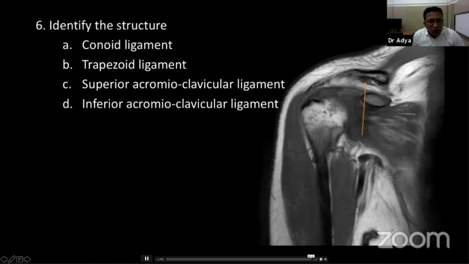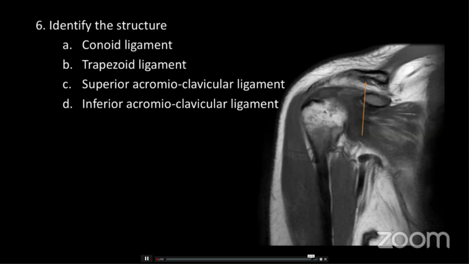Now, coming to the shoulder in the sixth question. Identify the structure. A, conoid ligament. B, trapezoid ligament. C, superior acromioclavicular ligament. D, inferior acromioclavicular ligament. The poll is live, sir.